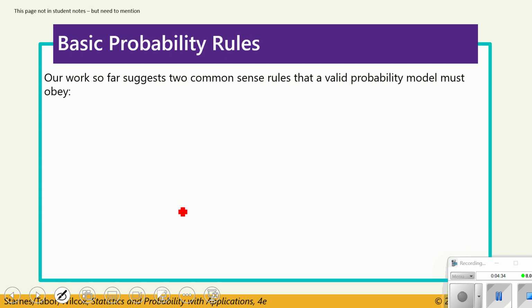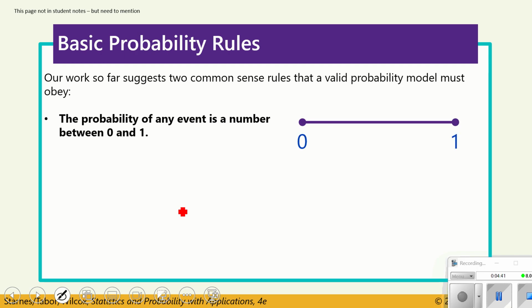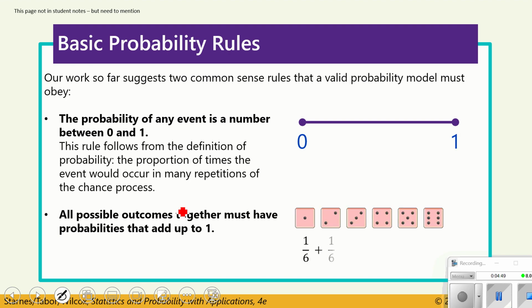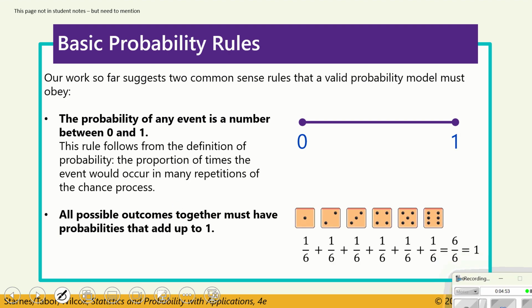Our work so far suggests 2 common sense rules that a valid probability model must obey. The first one we already know, all of the probabilities have to be between 0 and 1 inclusive. So that was not new to us. And then the second one is all possible outcomes together must have probabilities that add up to 1.